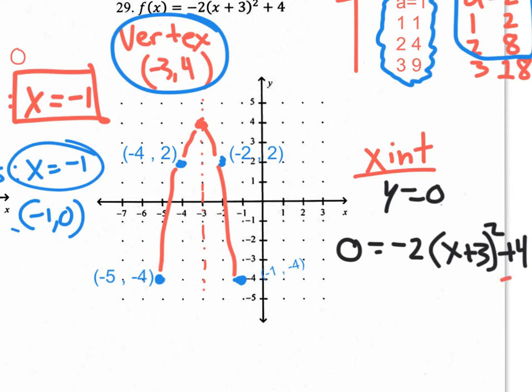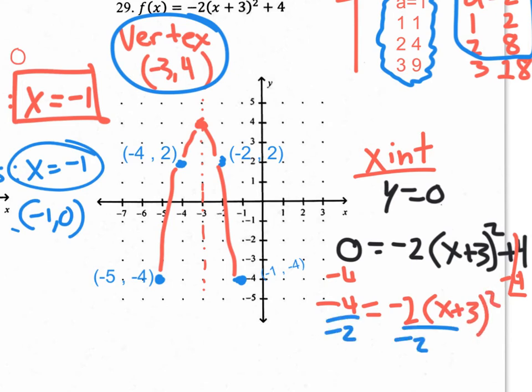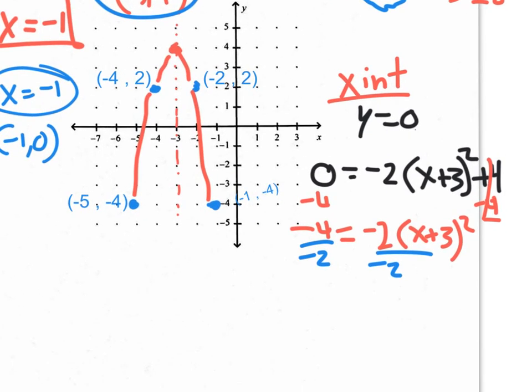So we're going to subtract 4 first, and the 4's cancel. You're going to end up with -4 equals -2 parentheses x plus 3 squared, and then you're going to divide both sides by -2, and then you're going to have your new equation. 2 equals x plus 3 squared.